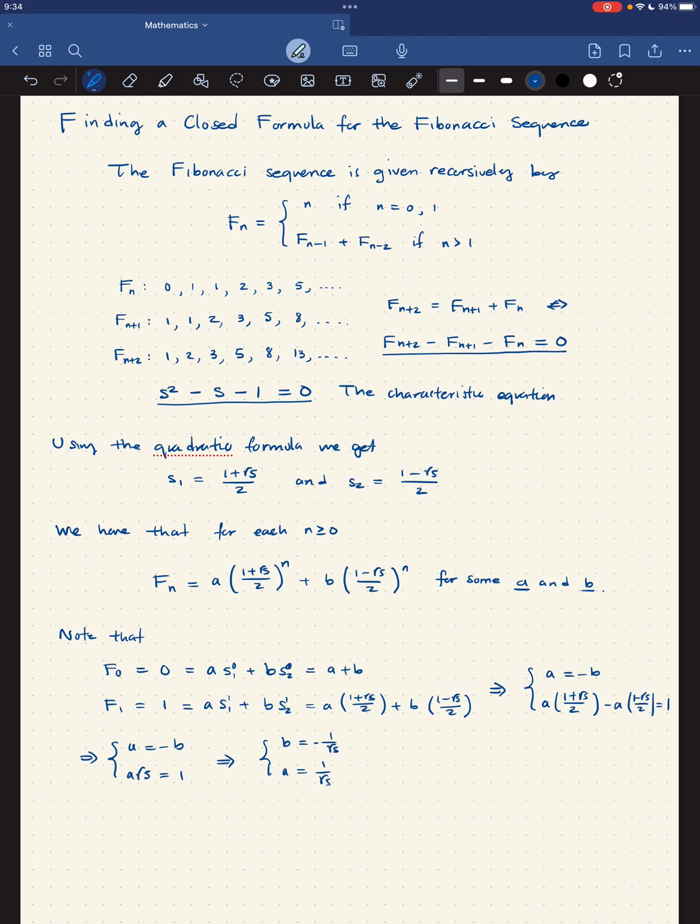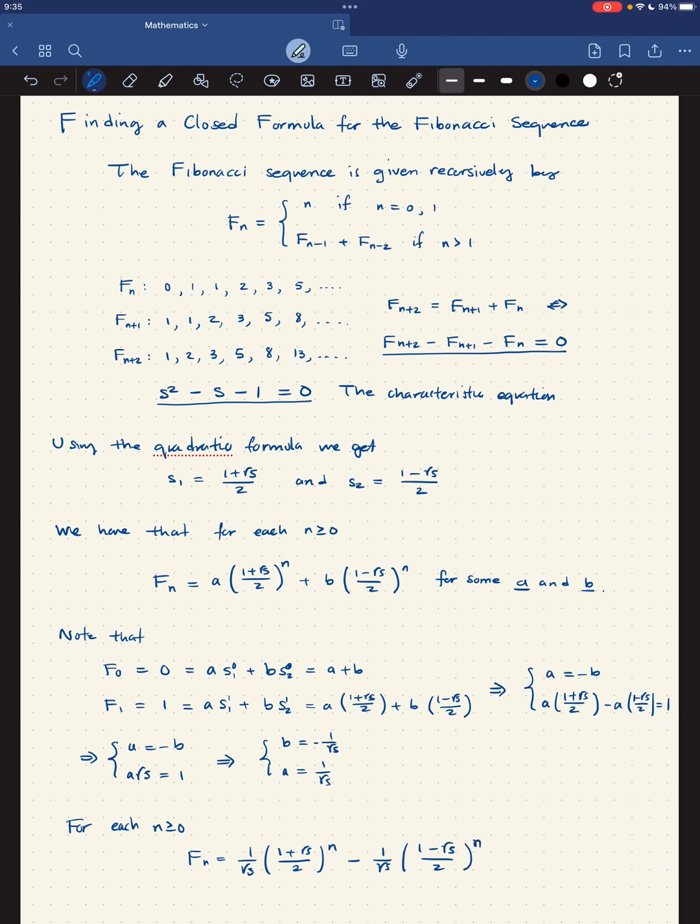With this, we combine all this data, and we get that for each n greater or equal than 0, f of n is equal to 1 over the root of 5 times 1 plus the root of 5 divided by 2 to the power of n, minus 1 over the root of 5 times 1 minus the root of 5 divided by 2 to the power of n.